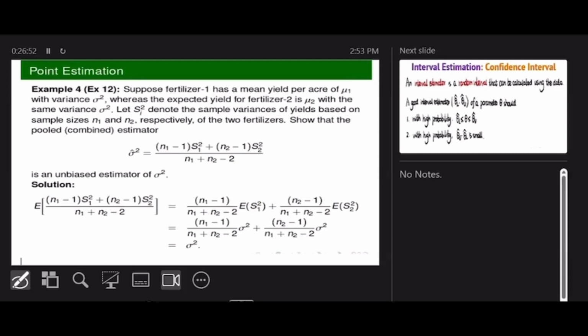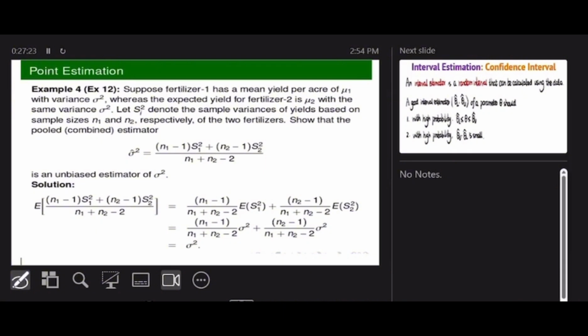When you are working with two populations, of course we've had situations where we combine variances that we call pooled variances. Has anybody heard about pooled variances before? Okay, take a look at this. Suppose fertilizer 1 has a mean yield per acre of mu1 with the variance sigma squared, whereas the expected yield for fertilizer 2 is mu2 with the same variance sigma squared.